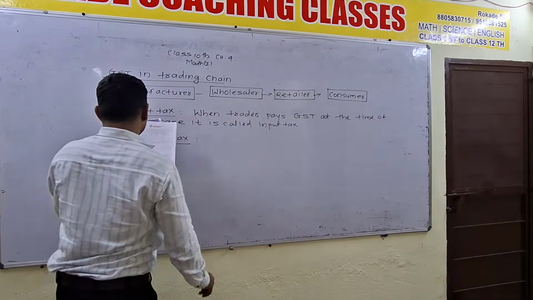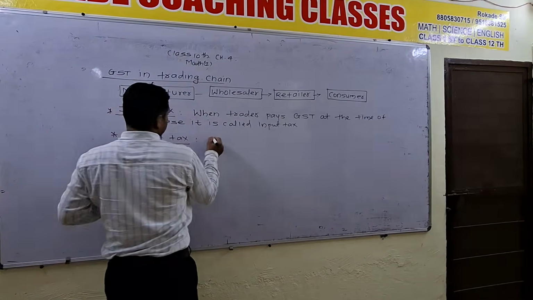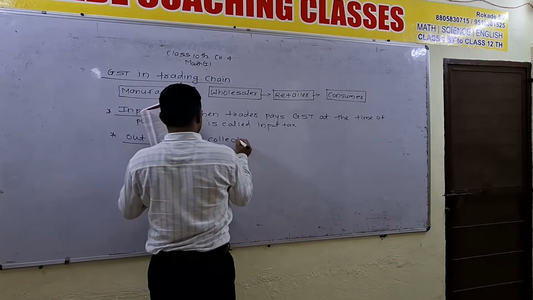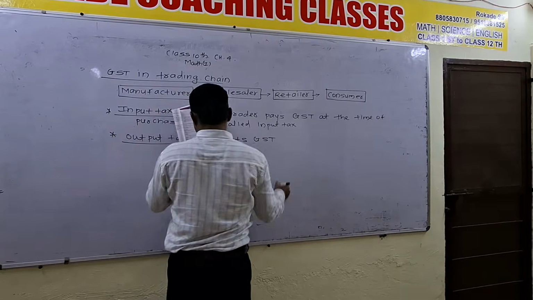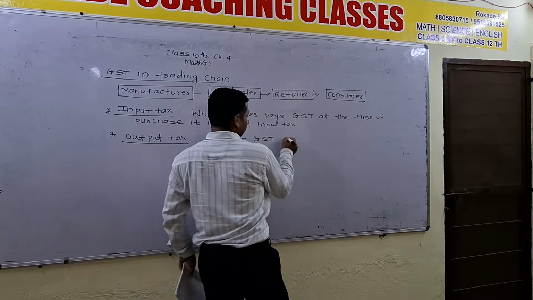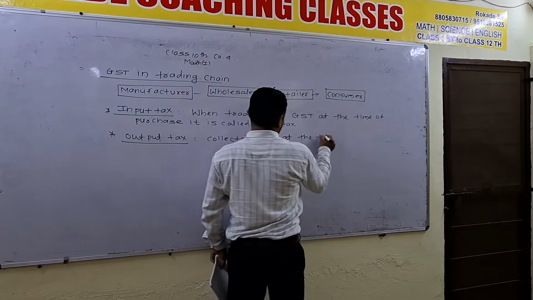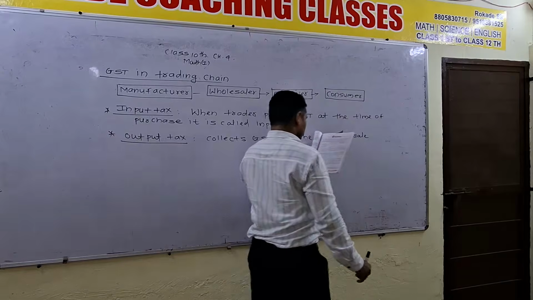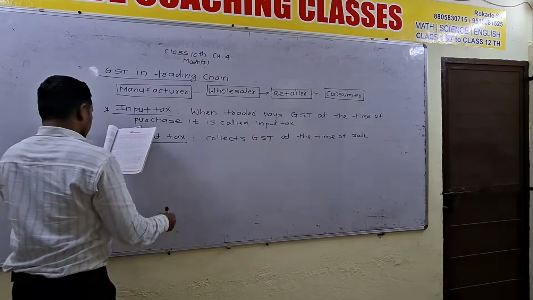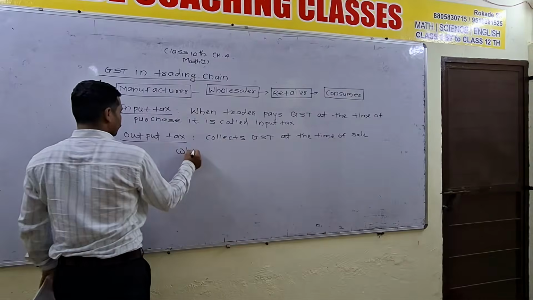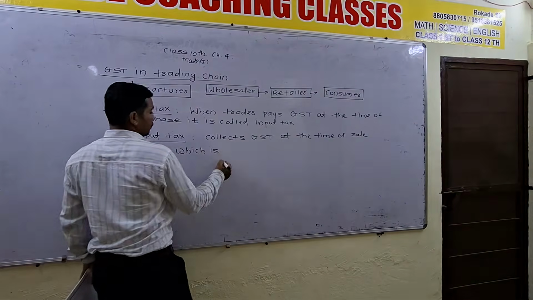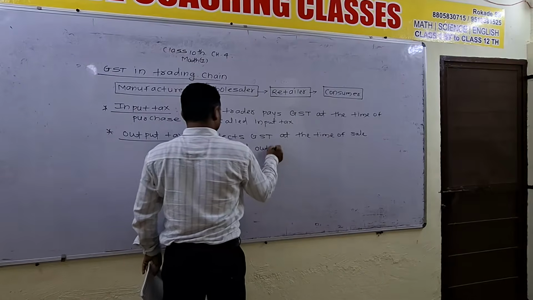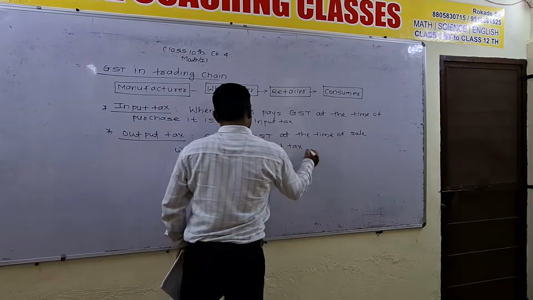When a trader collects GST at the time of sale, it is called output tax.